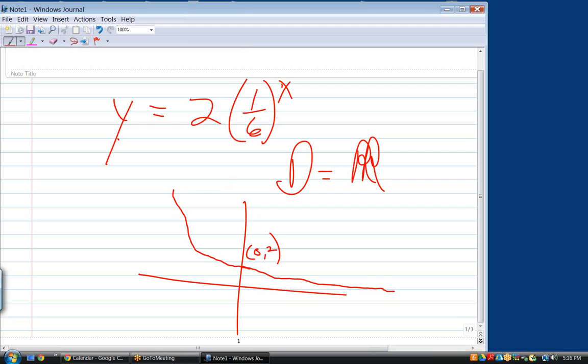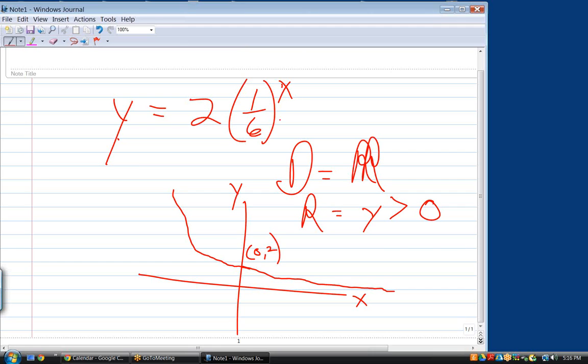So now if we look at that graph, what are the allowable values for y? Would it be anything greater than 0? That's it. In other words, y is never negative here.